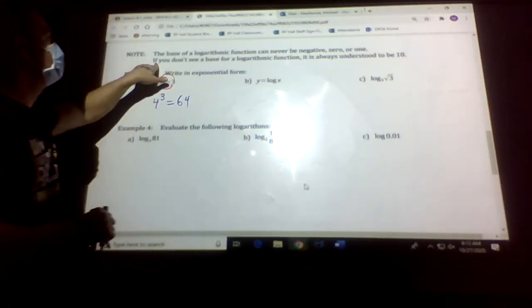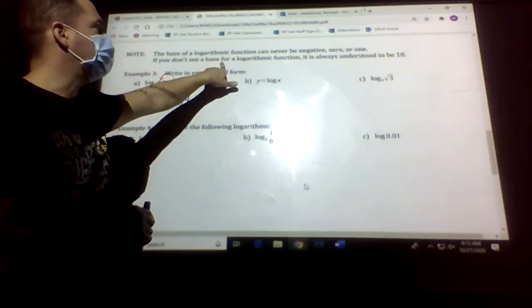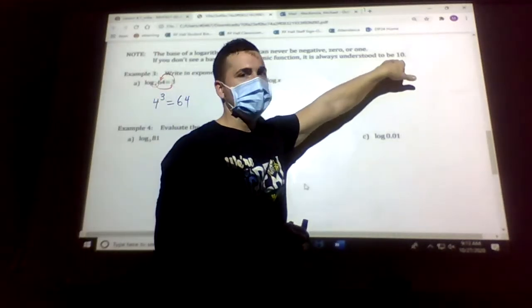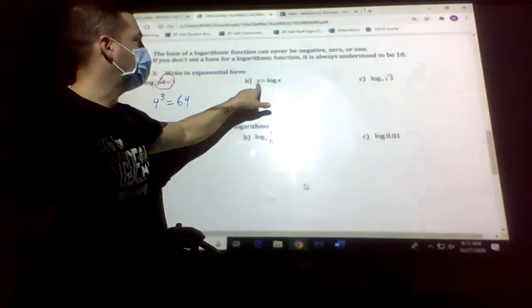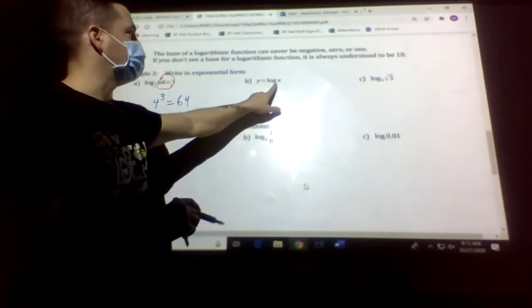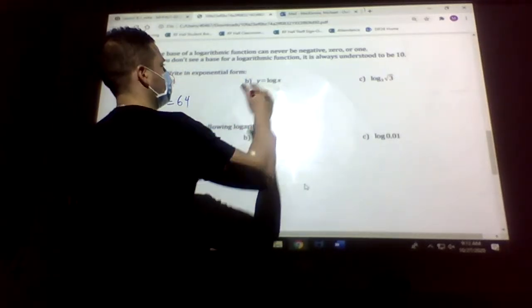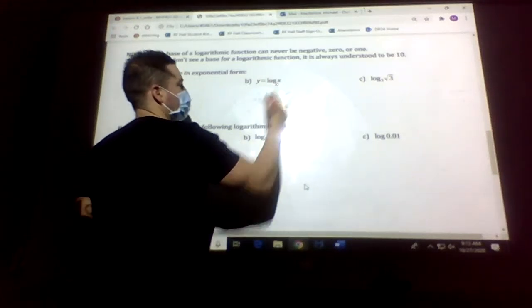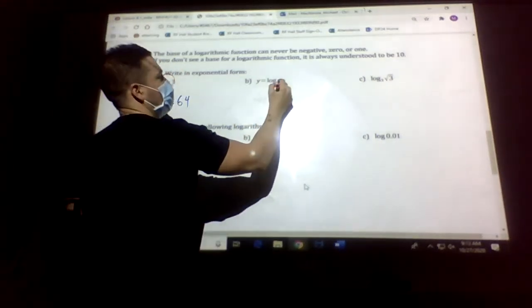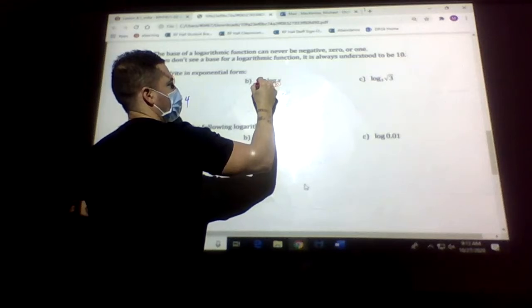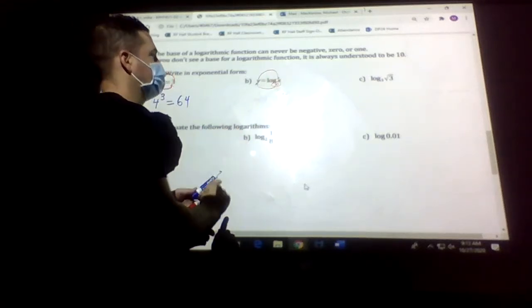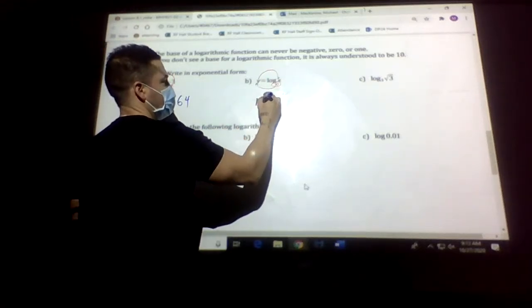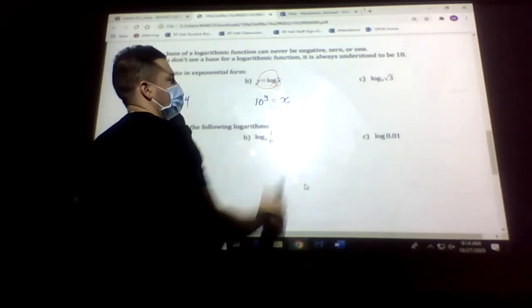Also, up here we say if you don't see a base, then it's automatically a 10. In this one, y equals log x, the base is not written, so it's automatically a 10. So we have 10 to the power of y equals x.